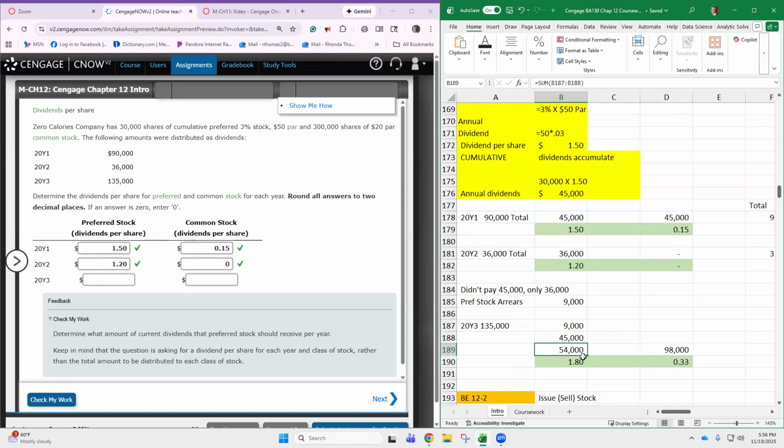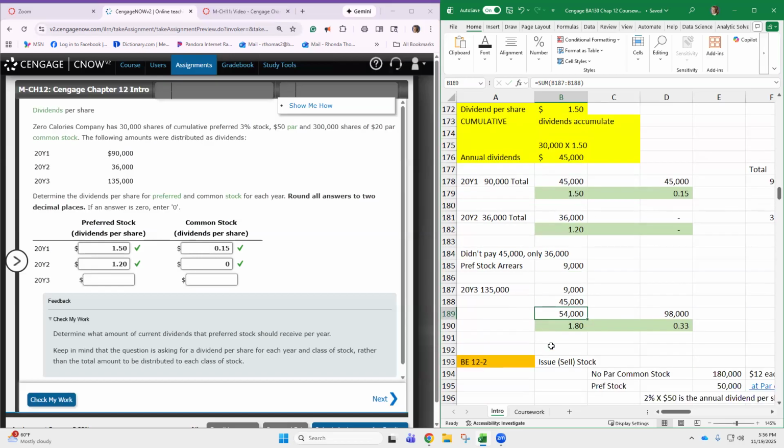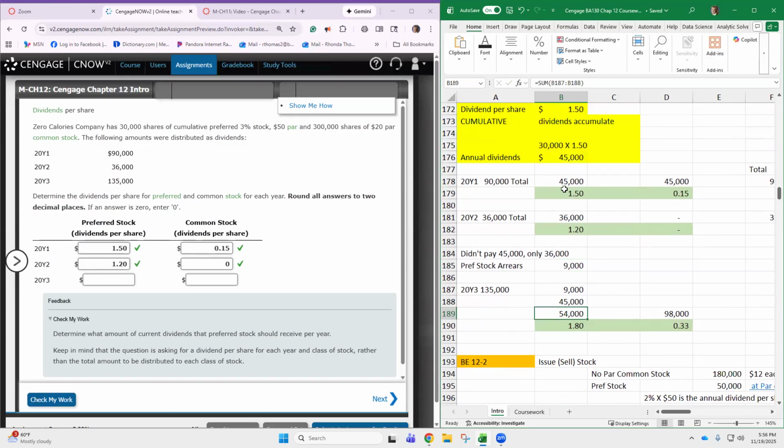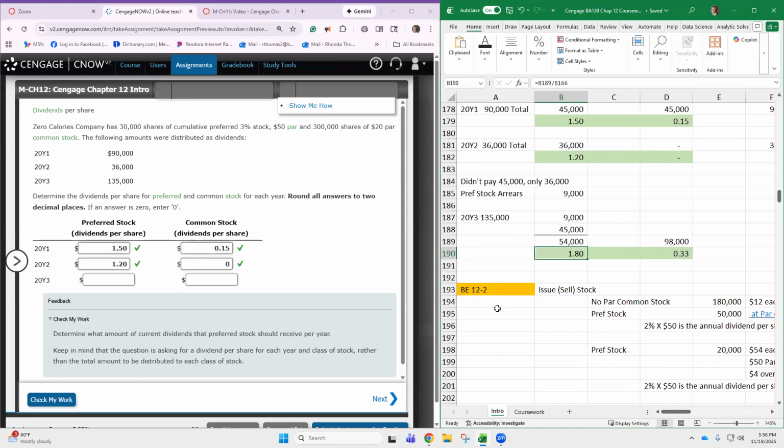So the first 54,000 of the 135,000 that's going out is all going out to preferred. Okay, so here's how much is going out to preferred, 54,000 in total. When you divide 54,000 by the number of shares, which is 30,000, $1.80 is going out to the preferred shareholders.